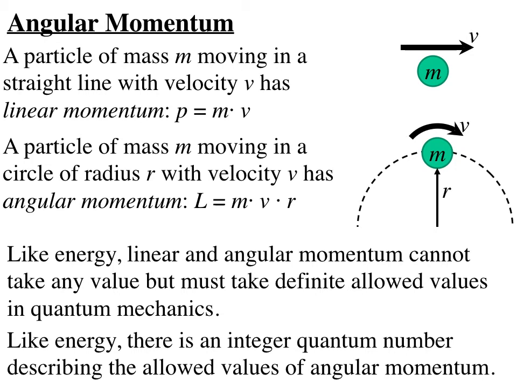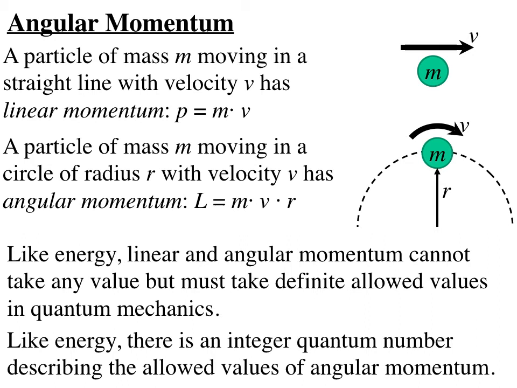The angular momentum that an electron will possess is a product of three values: its mass, just like linear momentum, its velocity, just like linear momentum, but also times the radius of curvature of the turn it is taking as it moves circularly around some center.